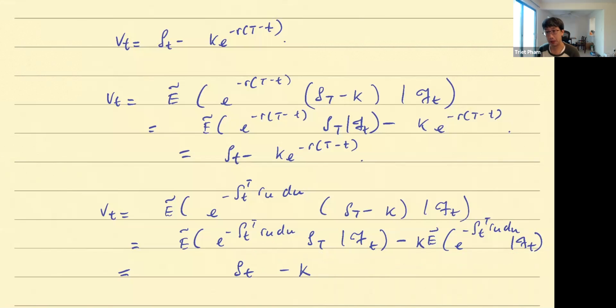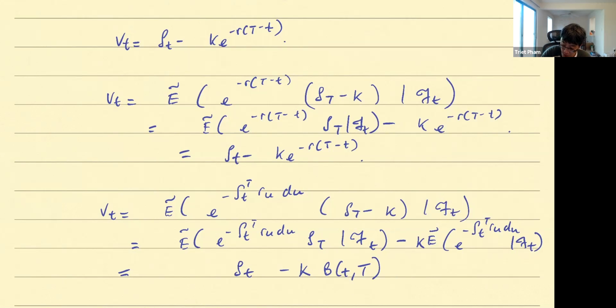How do I price it when interest rate is not constant? Well, it's our new friend, the bond price, because this is exactly just pricing $1 at time little t.